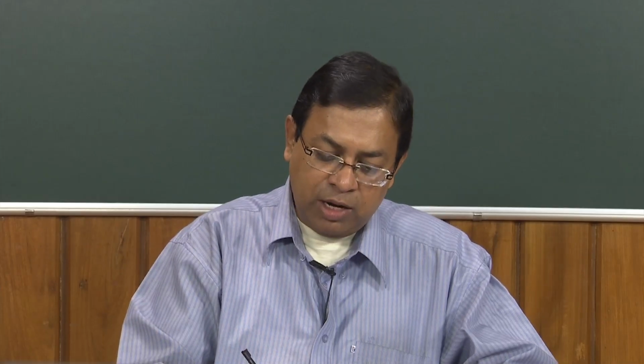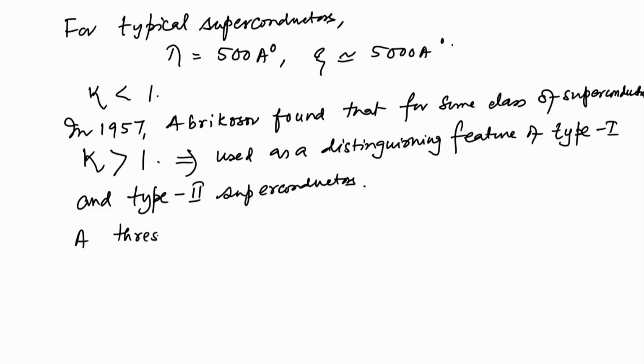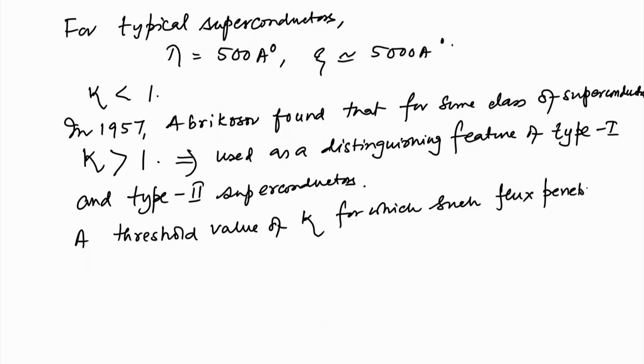So, the threshold value of kappa for which such flux penetration occurs or starts to occur is called kappa c, which is equal to 1 over root 2.